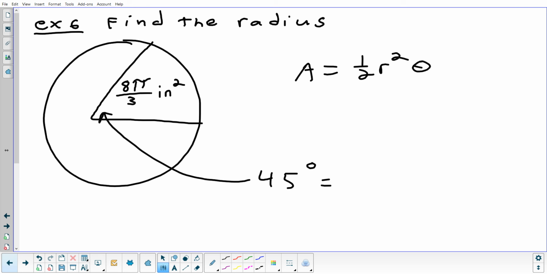Yeah. Pi over 4. Yep, it'll come out to pi over 4, because you're going to multiply by pi, you're going to divide by 180, and 45 goes into 180 exactly 4 times when you reduce. Okay, so that will be pi over 4.